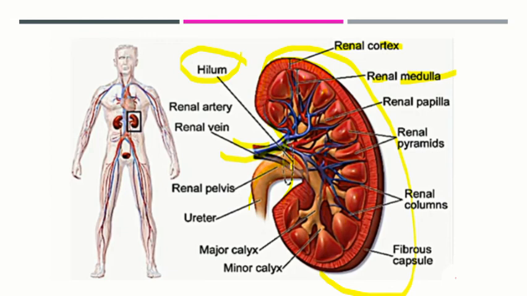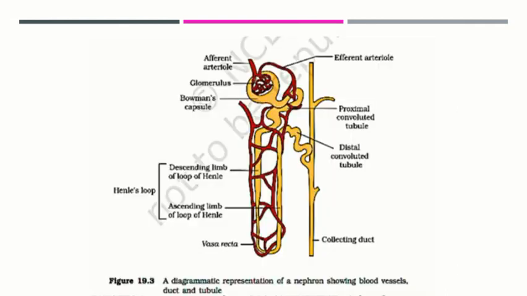And ultimately what happens is, the blood that enters into this red colored region goes into the medullary region, and filtration takes place. After filtration the excretory material is made, and these excretory materials are dropped here in this white colored region, which is called the calyces, and then the calyces open into the major calyx, and then the major calyx gives the urine to the ureter. So we have discussed everything about the kidney.